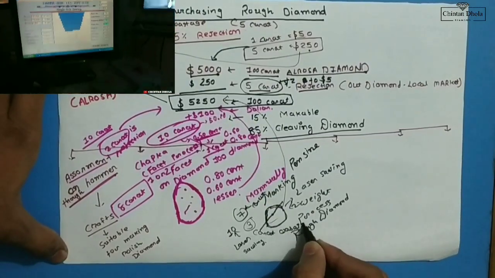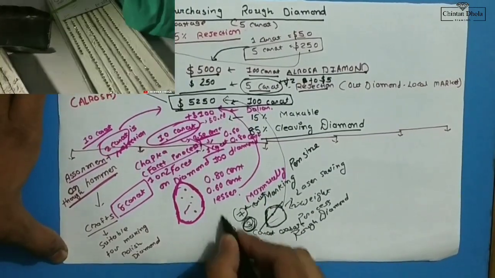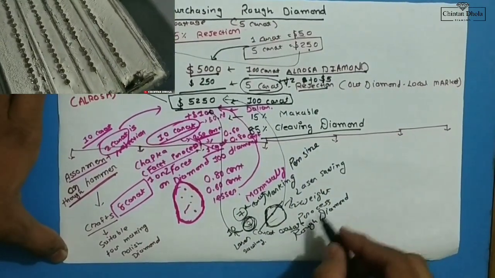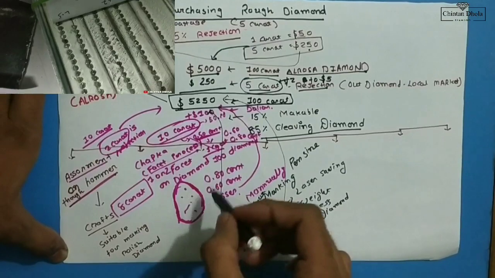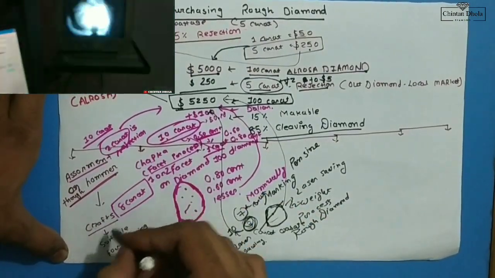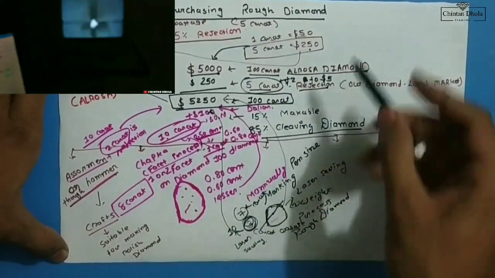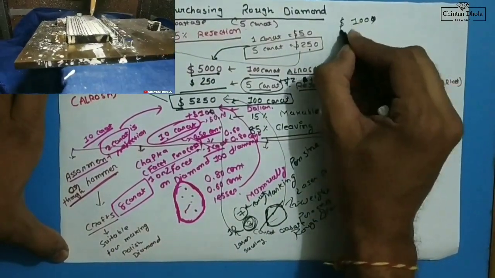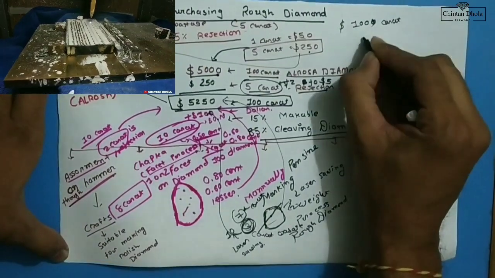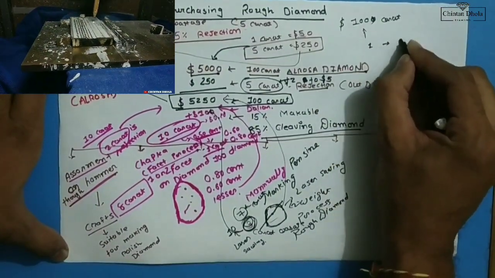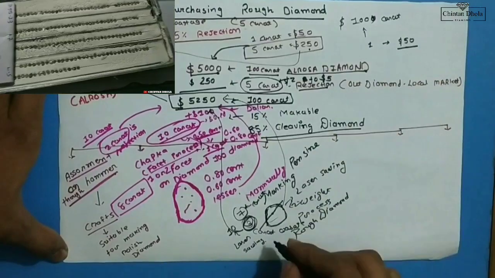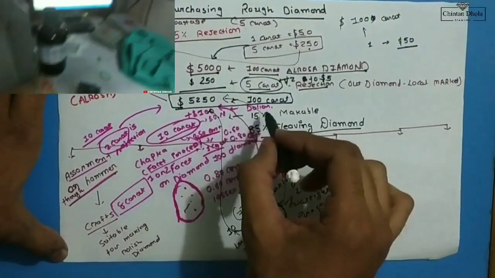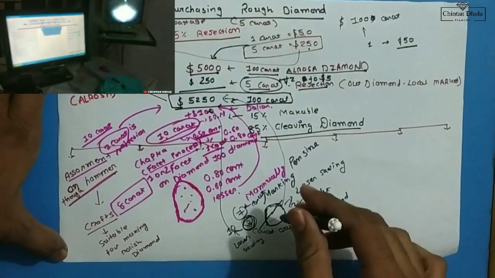Okay, so you have to include these 3 carat in our costing system, because every time you get a loss of weight. If you paid for a 100 carat diamond, for each carat you paid $50, you have to include all the carat losses inside your purchasing. Okay, this is the next step.